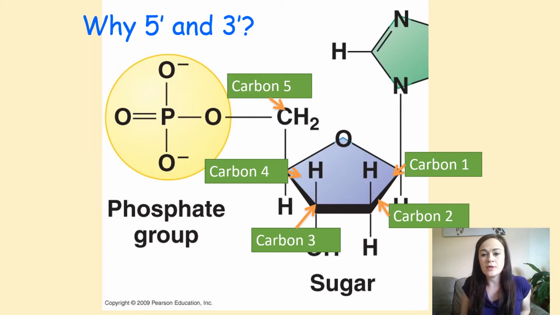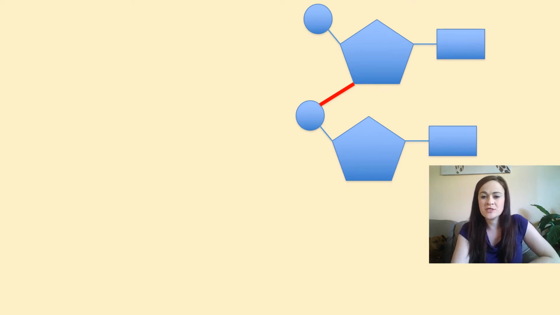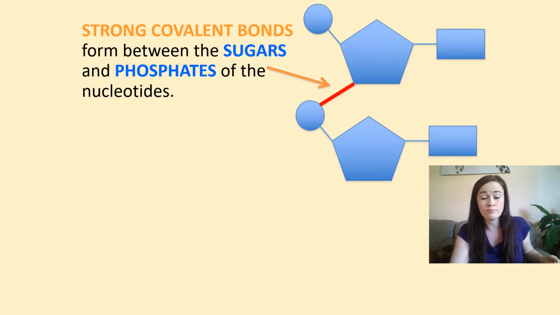If we click on the next slide, it'll show you how the phosphate from this nucleotide is going to join on to the carbon 3, or the 3', of the next nucleotide. Right, so we're looking at 2 nucleotides joined together, and you can see there is a red line between them, indicating our strong covalent bonds.